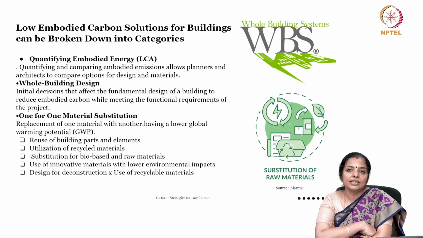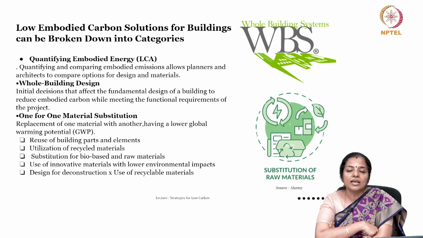Whole building design is a very important aspect. Initial decisions affect the fundamental design of a building to reduce embodied carbon while meeting the functional requirements of the project. One for one material substitution: the basic principle is replacement of one material with another having a lower global warming potential.